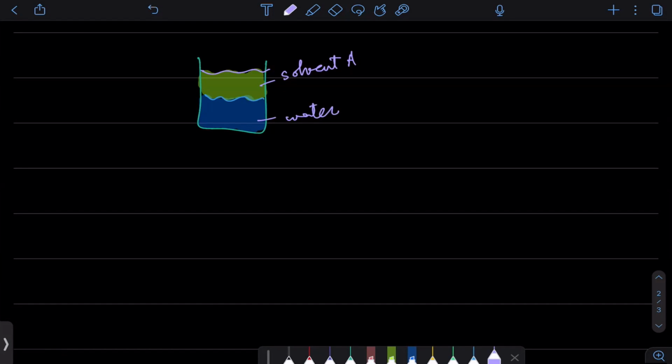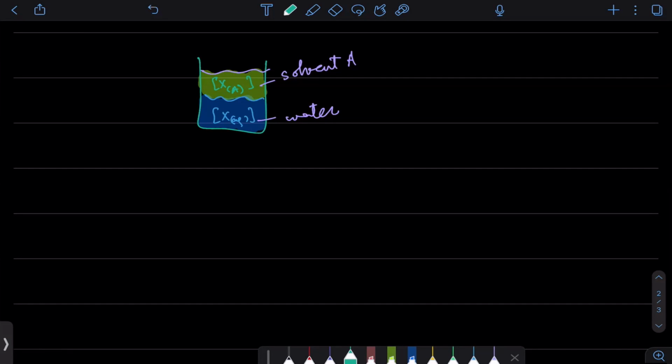Now they're immiscible, and there is some solute X which is soluble in both of them. So here its concentration will be X aqueous, and over here the concentration is going to be X in that solvent, whatever A is.